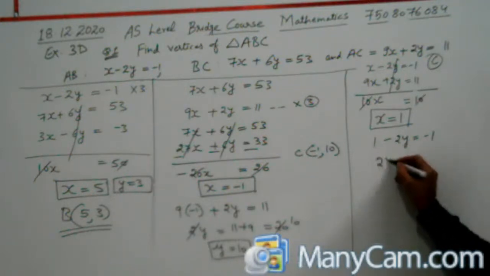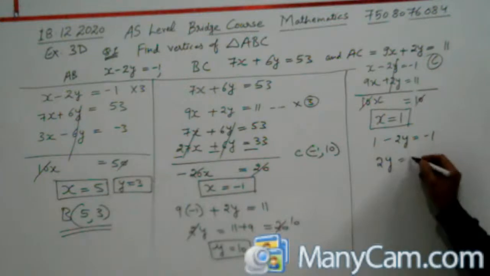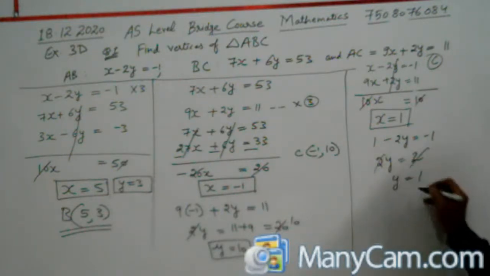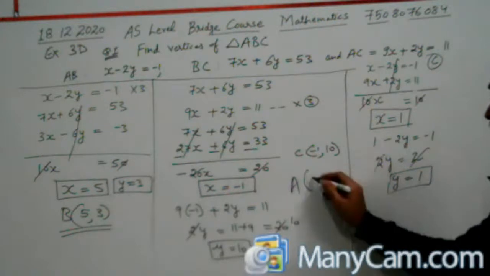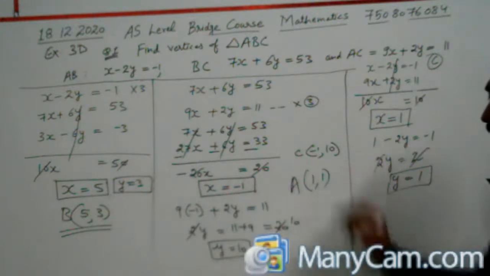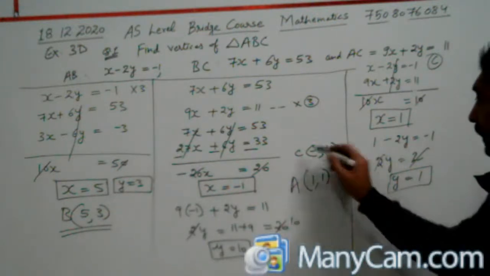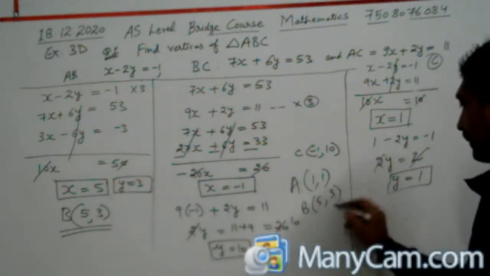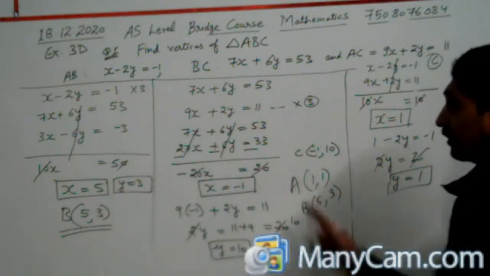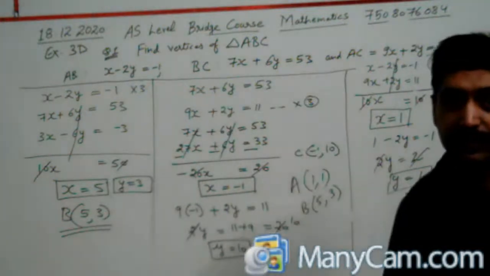So 2y is equal to 2. So y is equal to 1. What are the coordinates of point A? A's coordinates are 1 and 1. The point B is 5 and 3. These are from these three given lines we have.